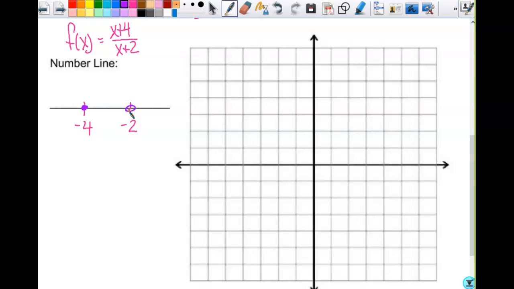So if I substitute in a -5, that's going to give me negative over negative, which is positive overall. If I substitute in a -3, that's going to give me positive over negative, that's negative overall. If I substitute in 0, it's positive, positive, positive overall. So positive, negative, positive.